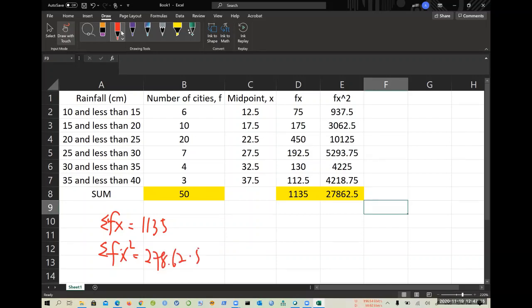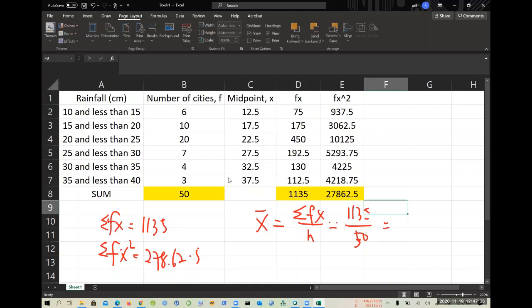And then to find the mean, x bar is equal to summation of fx divided by n. So this gives you 1135 divided by 50. We're going to calculate this later.